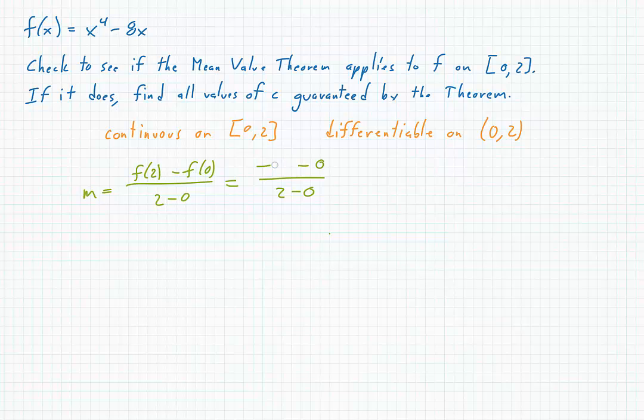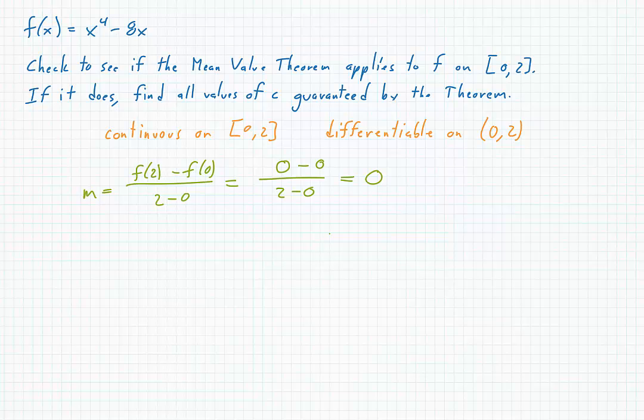Excuse me for talking to myself for a moment. So we have 2 times 2 times 2 times 2, that's 16, minus 8 times 2, that's also 16. We should get a 0 here, so we're going to have 0 minus 0 over 2 minus 0. That's 0 over 2, or a slope of exactly 0 when we look on that interval.